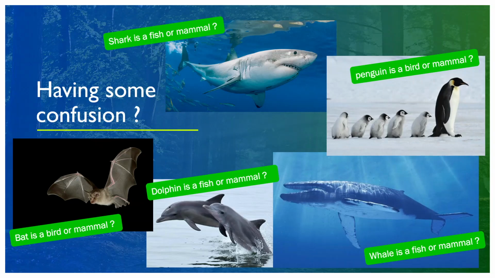Okay, next is the whale. There is a blue whale. The blue whale is so big, you can imagine a submarine. Blue whale is like the size of a submarine, so big, really.